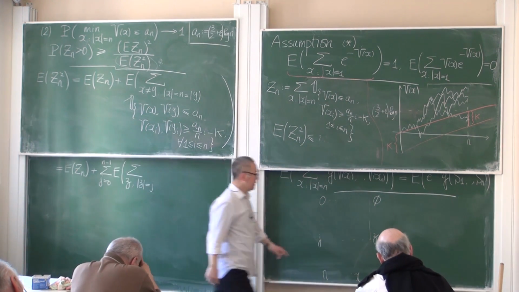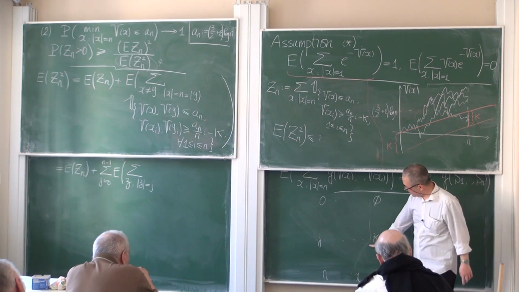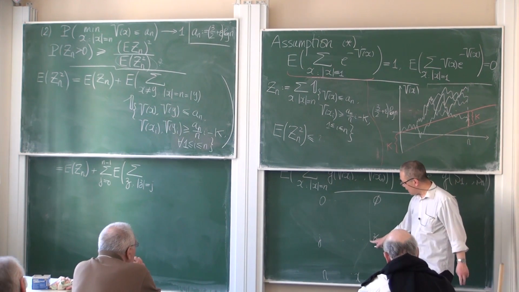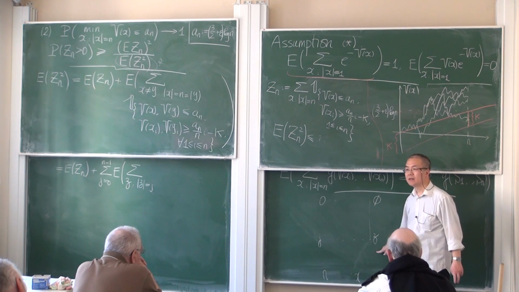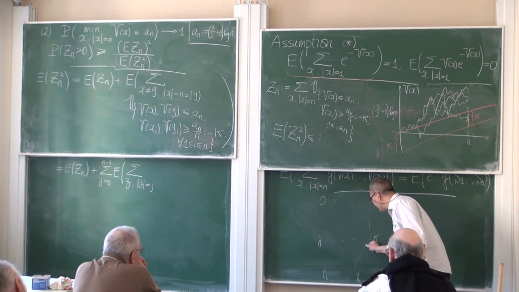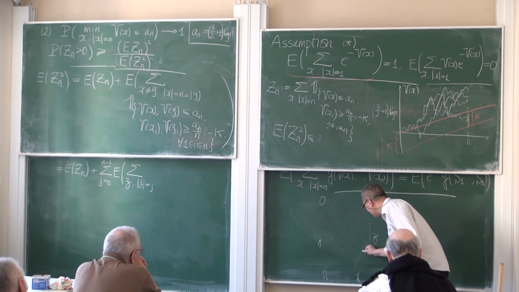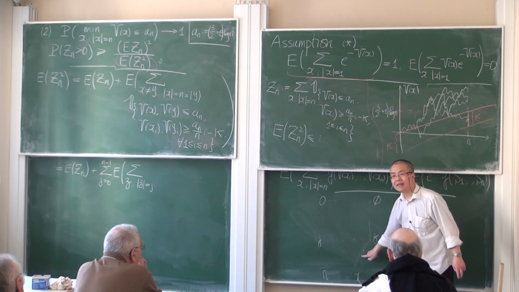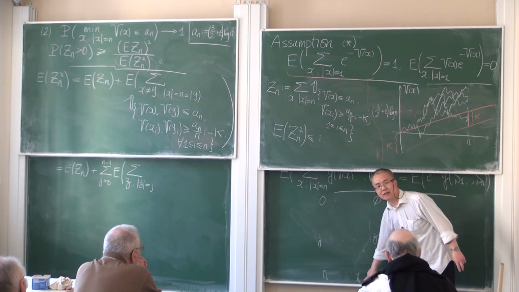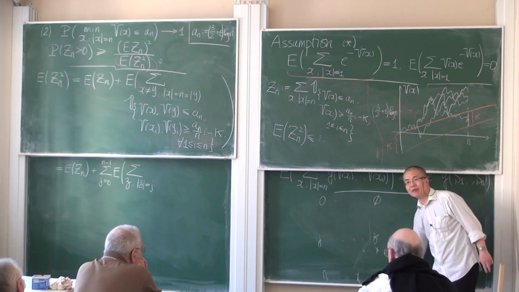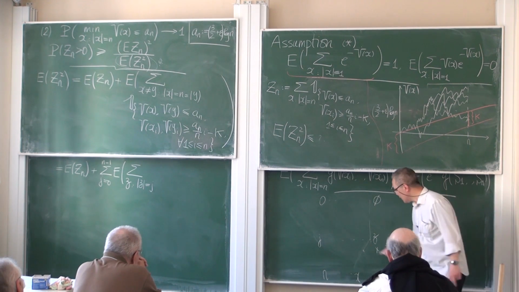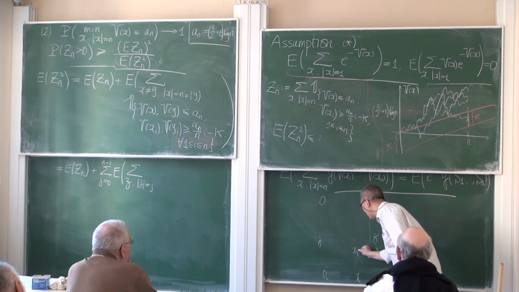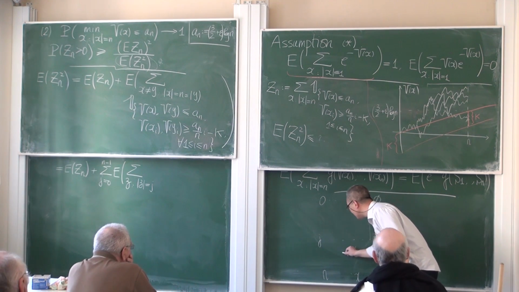If I call Z the youngest common ancestor of x and y, it means that after Z, things are different. It means that Z has two different children, this one and this one. These are different. And this child will at the end have x in the descendants, whereas the other one will have y in the descendants. So this, by our notation, is what we usually call x_{j+1}, because this is in generation j plus 1.